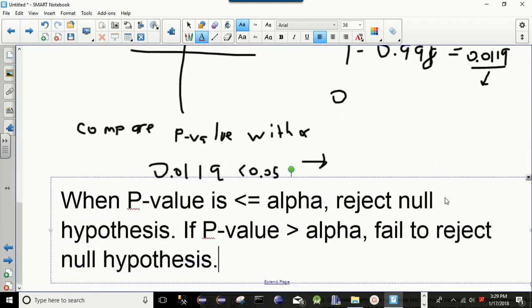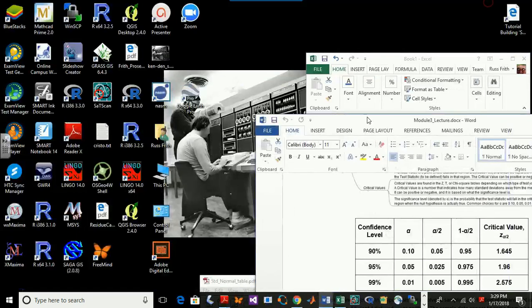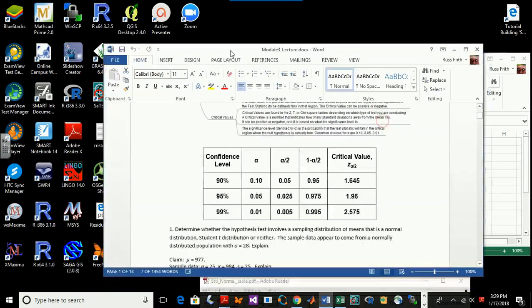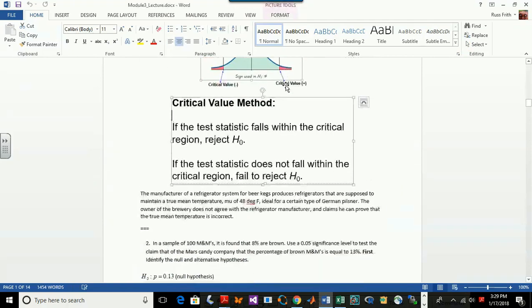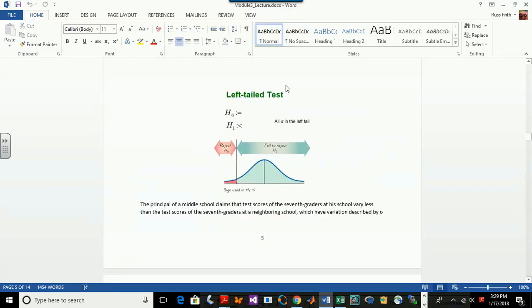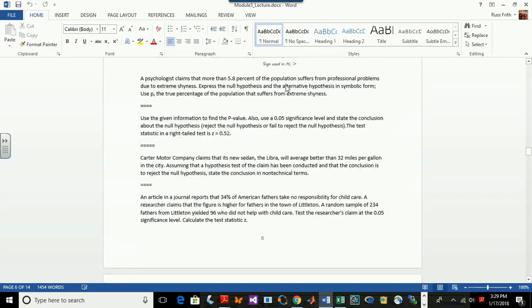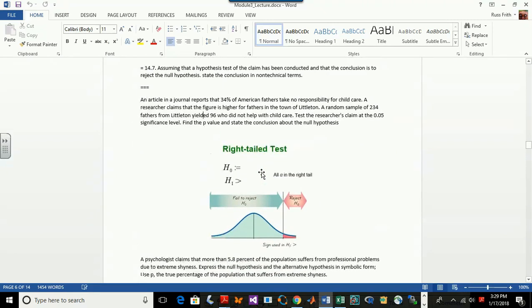So for this particular problem, we failed to reject the null hypothesis.